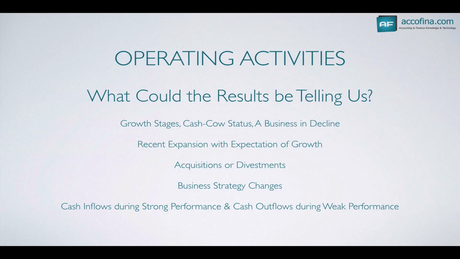All businesses have their life cycle, and most businesses, except possibly a few, go into decline eventually, unless they change products or change strategy. And maybe if a business is in decline, it finds it harder and harder to sell its core products, and this will be shown up as decreasing cash flow from operating activities.